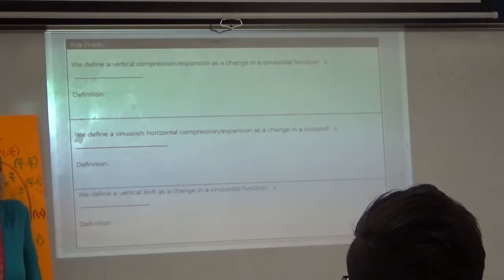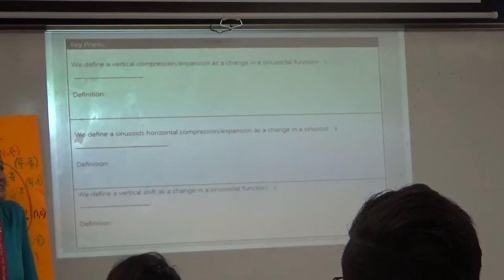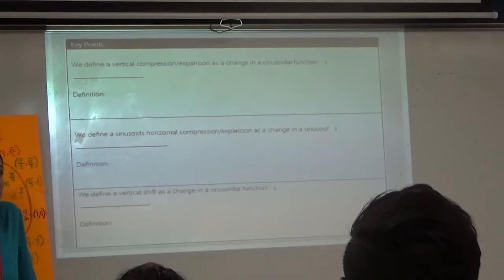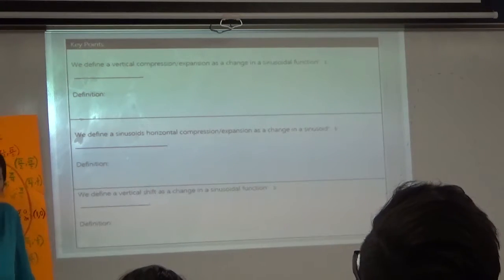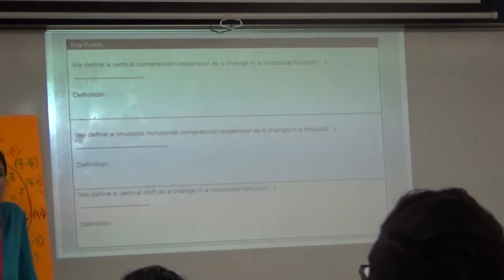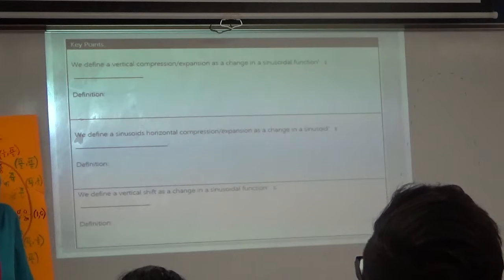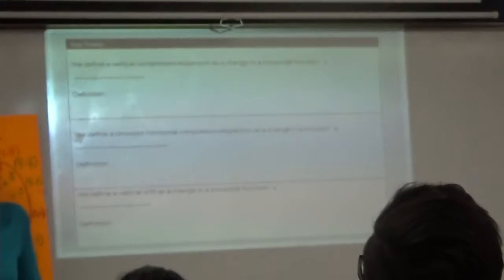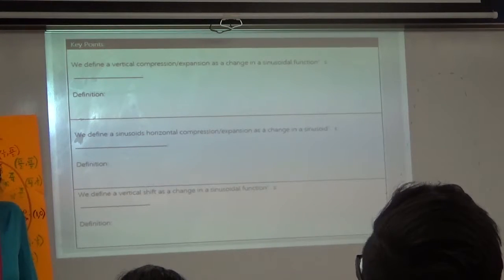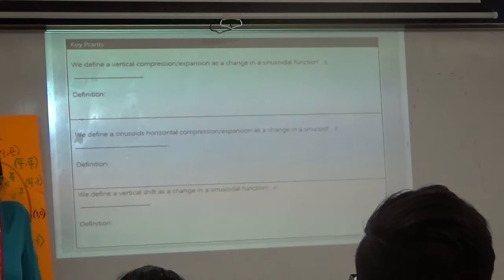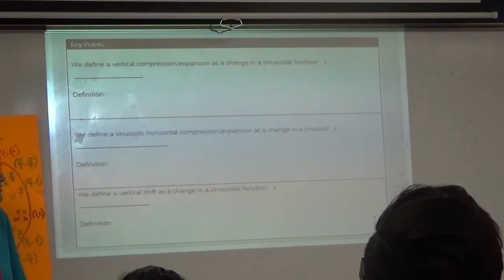So these parts of the wave actually have some names. If you were in AQR or have seen this before, or even honestly some of this might seem familiar with physics, with some of the stuff you've done with frequency. These sinusoidal functions, our A, our B, and our D value impact parts of the graph that we call different things.